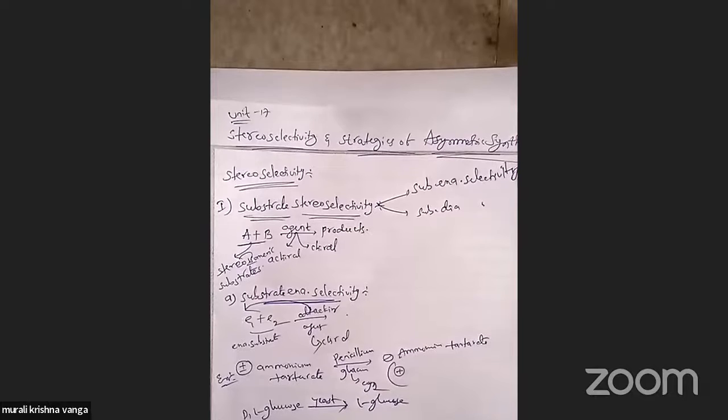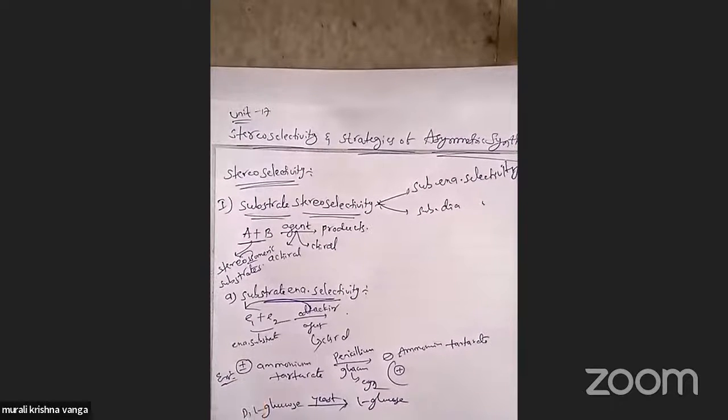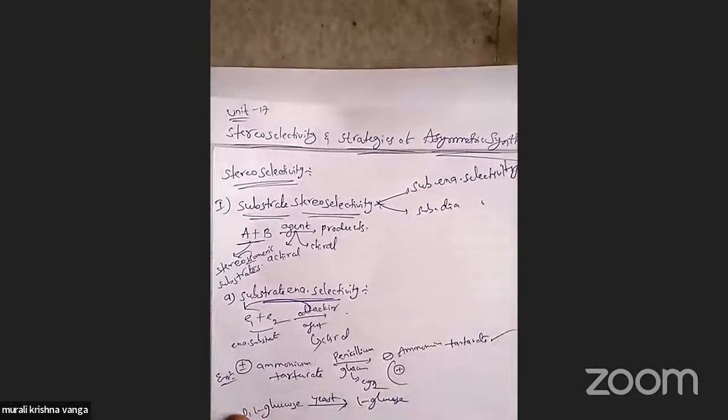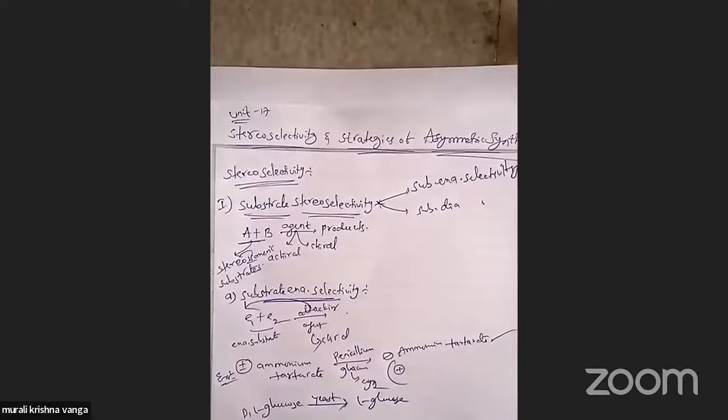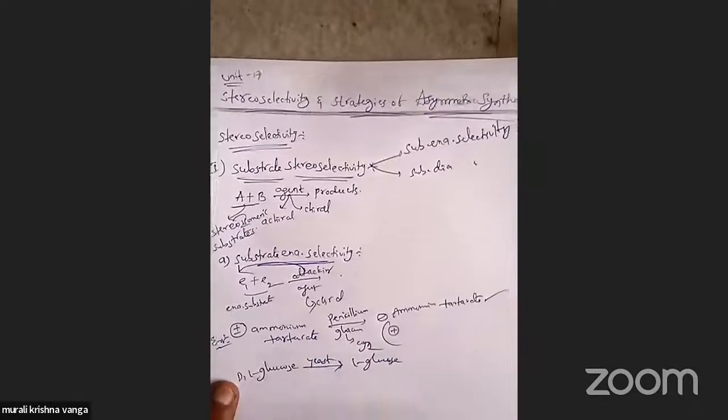The attacking agent is chiral. The attacking agent preferentially reacts with one substrate and gives one major product. Here I am taking plus or minus ammonium tartrate; when reacting with Penicillium glaucum, the plus ammonium tartrate is consumed by this enzyme, leaving minus ammonium tartrate. In another example, DL-glucose reacting with yeast, D-glucose is consumed, leaving L-glucose as a single product.